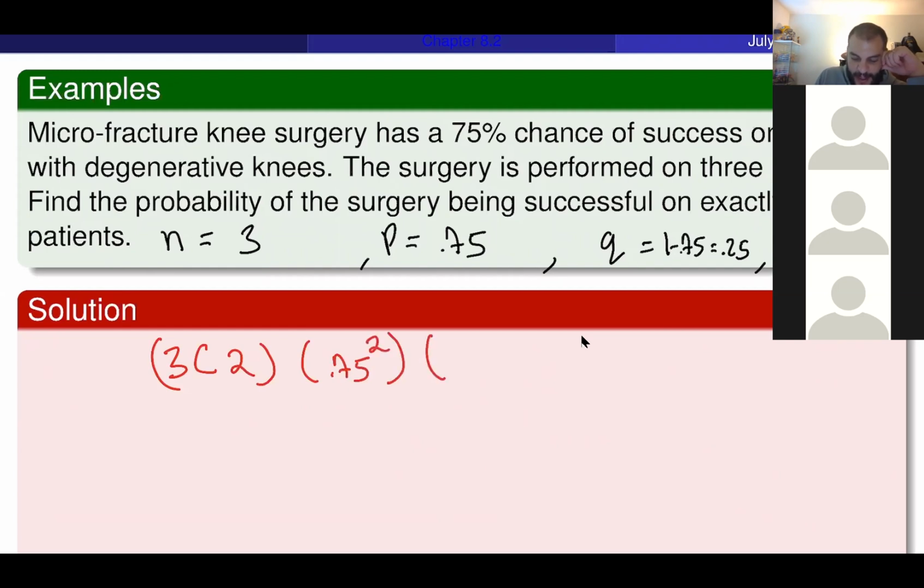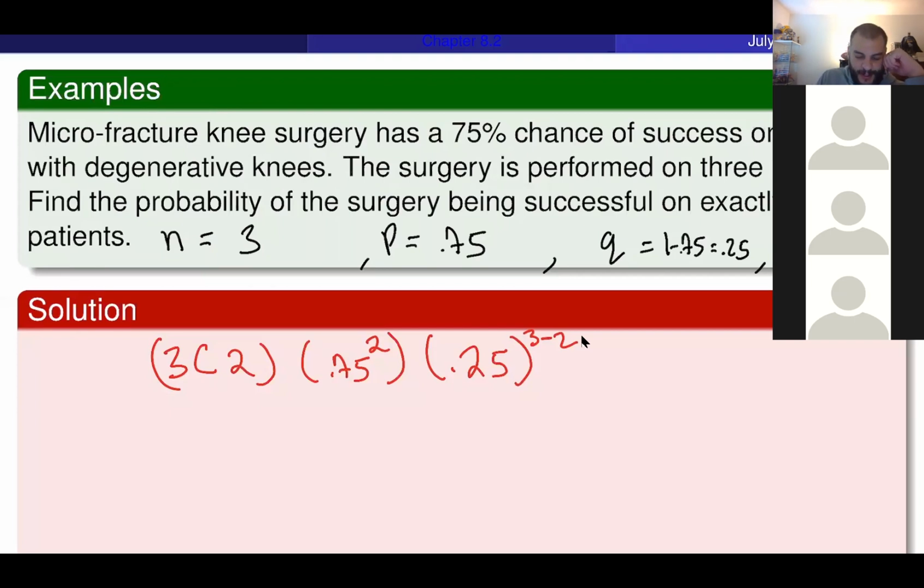And then you get Q, which is 0.25, and you take that to the N minus X power, which is 3 minus 2. Any question how I got 3C2 times 0.75 to the second power times 0.25 to the 3 minus 2?